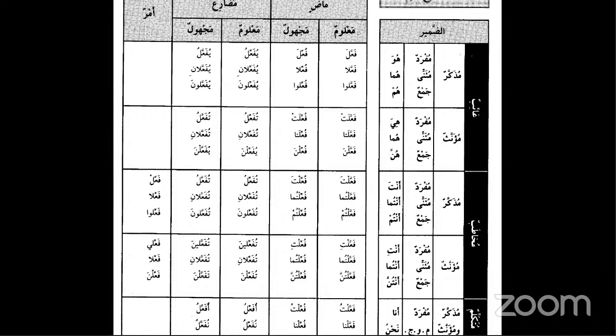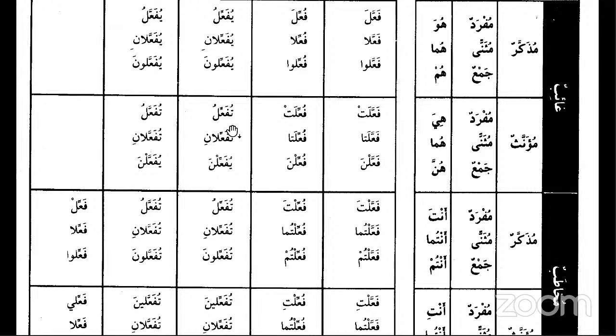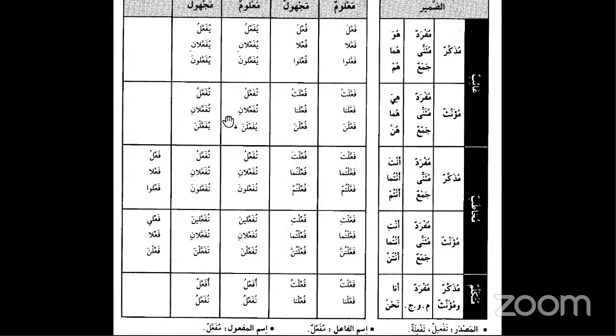Now, Sister Sabira, can you come back on the mic? Now the present tense is yufa'ilu, like tahara yutahiru. Here, let me make it bigger for you. Underneath the shadda, there's a kasra. Yufa'ilu. I want you to kindly conjugate all 14 forms for the present tense, with yutahiru.